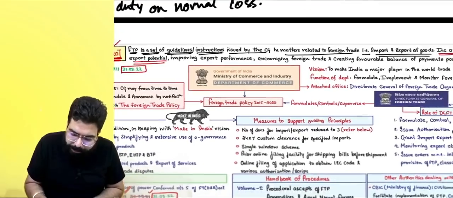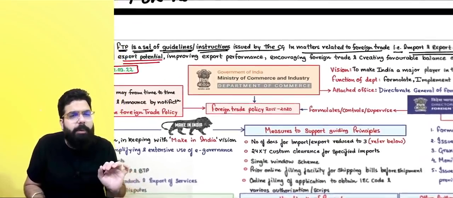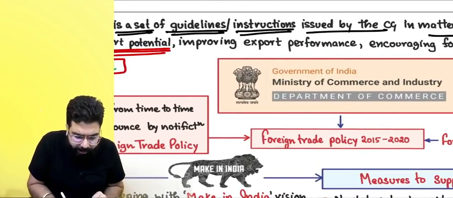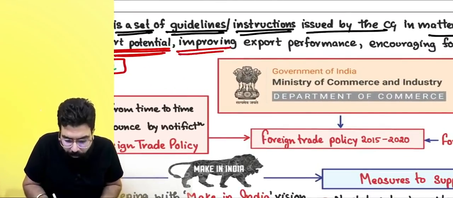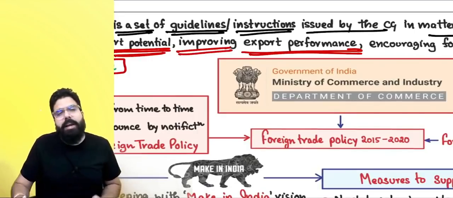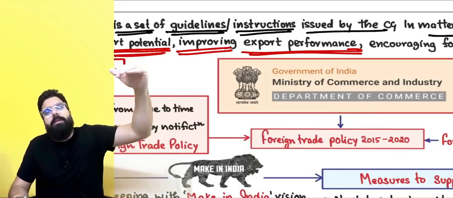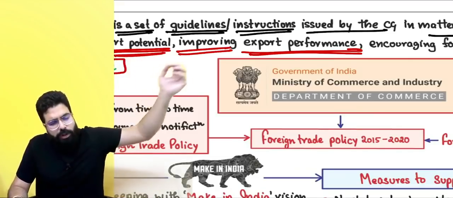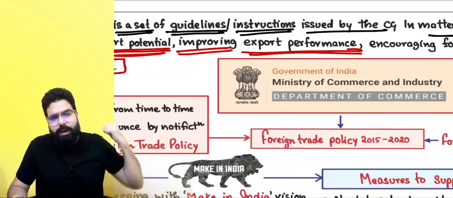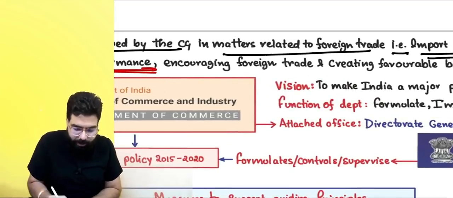So the main objective of foreign trade policy is to develop what? Export potential, improving export performance. The export performance of the country should go up. How can export performance be increased? If export performance goes up, more foreign currency will come into the country. So that is the objective.